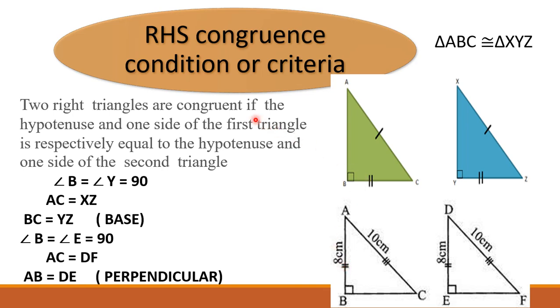So the condition says one angle is 90 degrees, plus the hypotenuse, and any one side, either the perpendicular or the base. Any one of the two legs of the right triangle being equal to the corresponding leg of the other triangle makes the right triangles congruent. So here we can say triangle ABC is congruent to triangle DEF.